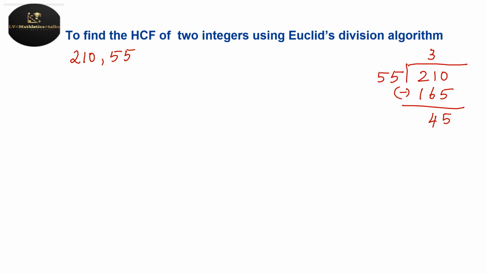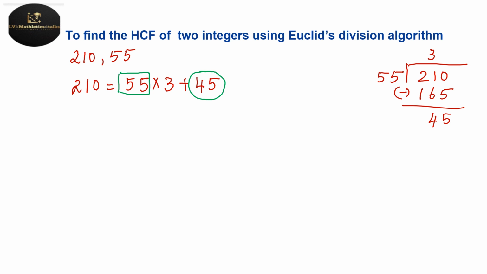Using the division lemma, which you learned in earlier videos, 210 is equal to 55 times 3 plus the remainder 45. Now the next step is to consider 55 and 45.